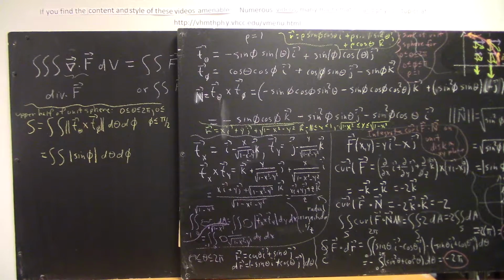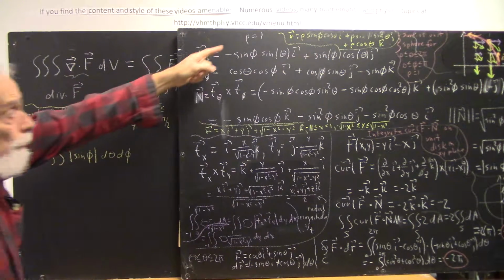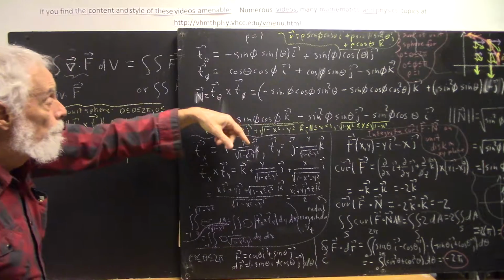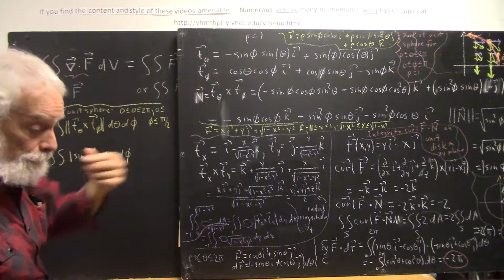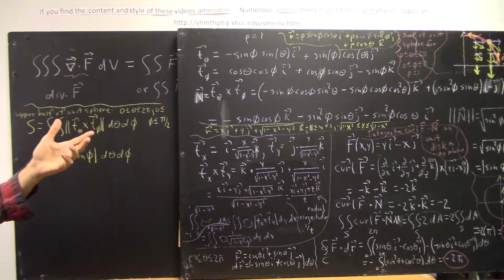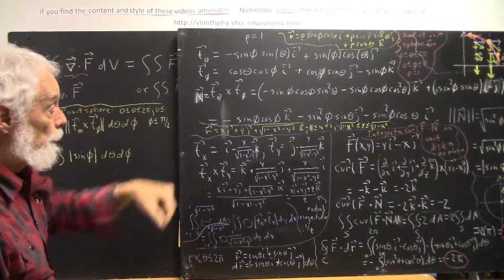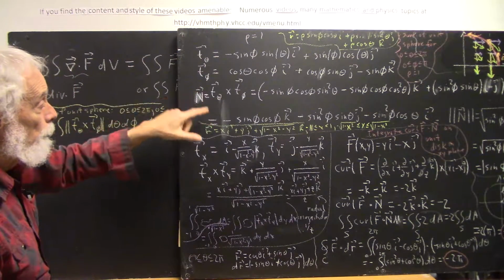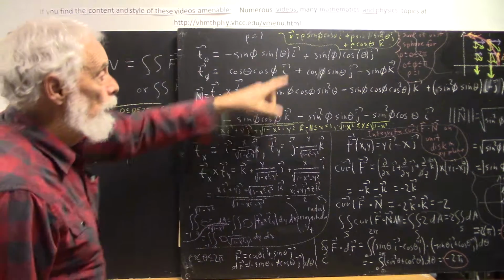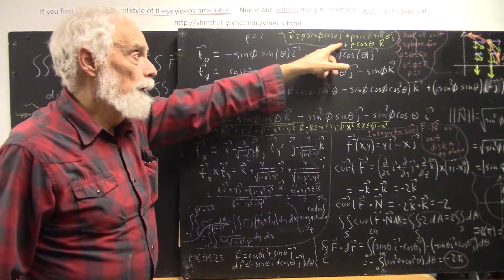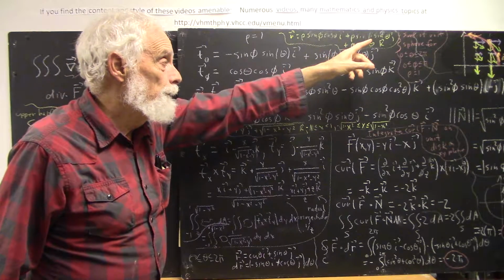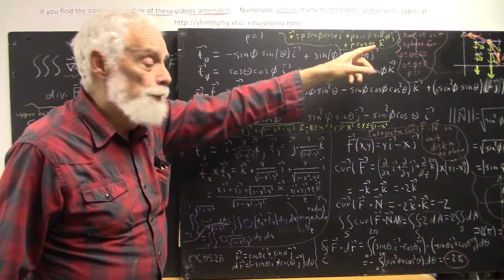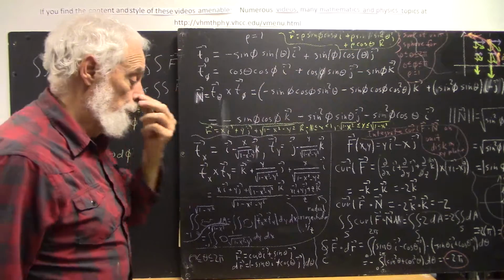Now remember that rho is 1 on the unit sphere, so these are just spherical coordinates with rho equal to 1. This is a parameterization. This vector r equals rho sine phi cosine theta i plus rho sine phi sine theta j plus rho cosine phi k describes the unit sphere.